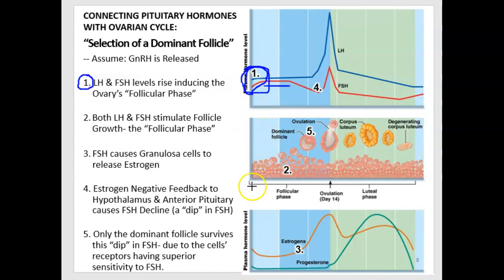This correlates with the follicular phase of the ovary, and both LH and FSH stimulate the follicles to grow. You might remember there's a cohort of follicles that will begin changing, progressing through different stages. So here we have follicular growth.